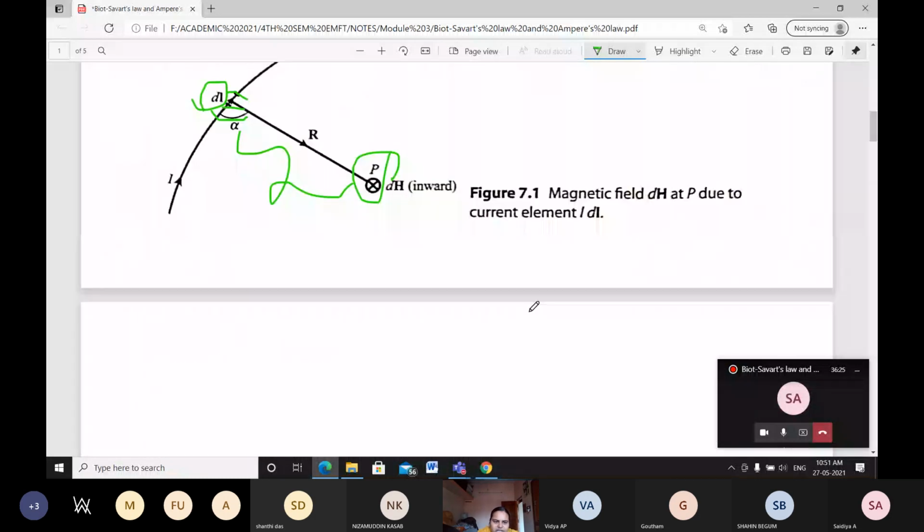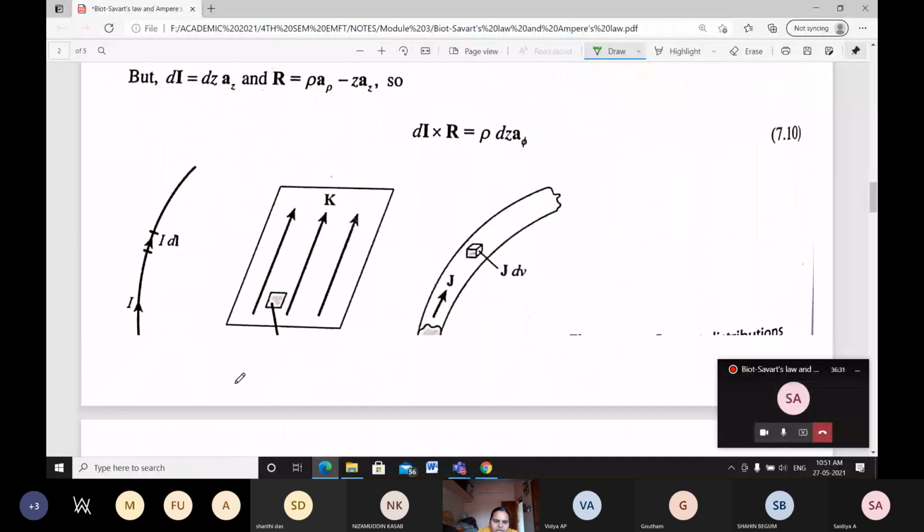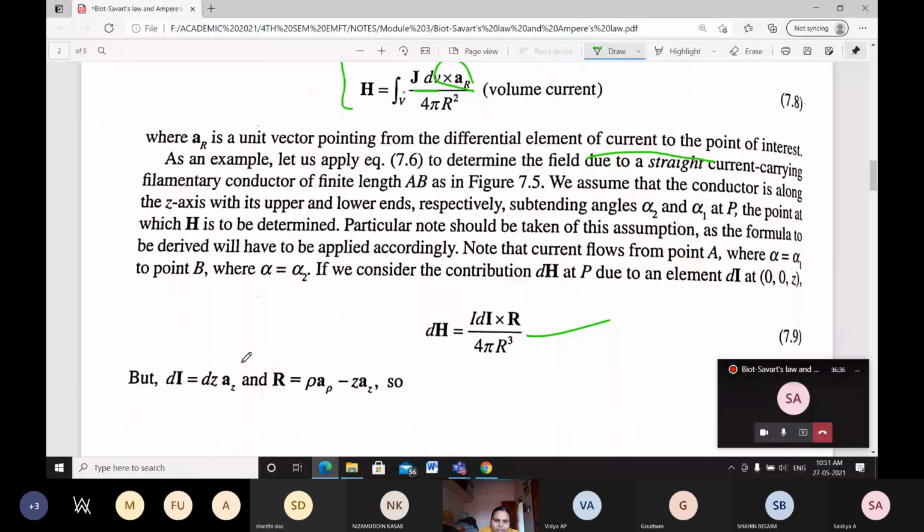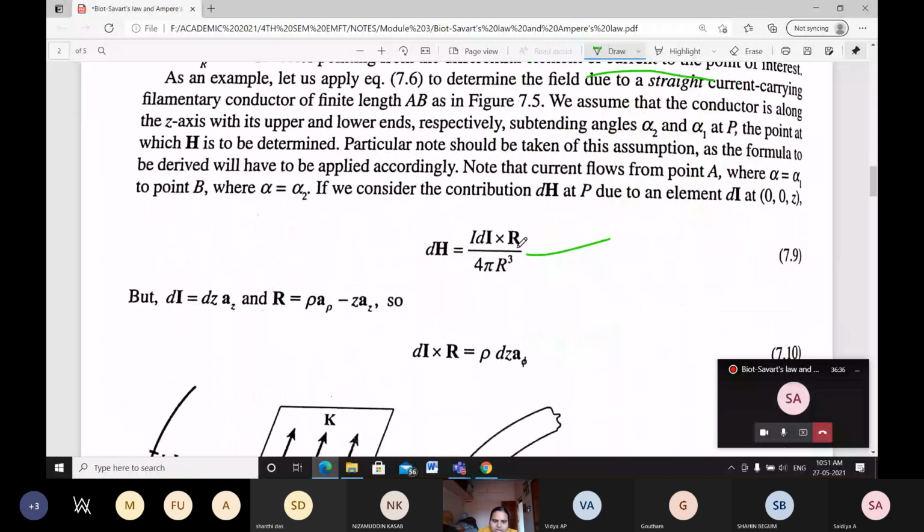It is in the z direction. For that reason, instead of dl, I can write dz a_z, and r is taken as rho a_rho minus z a_z.